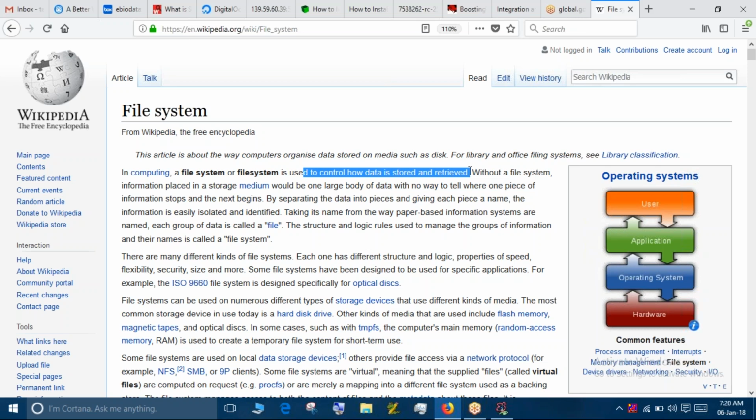So now we are saying, if a file system is not there, what is the problem? Whatever we store on the media, that is your hard drive, is going to be one large body of data. And we don't have any way to tell where something is starting and ending, or where the next one is starting. So with this, you have understood what is file system.